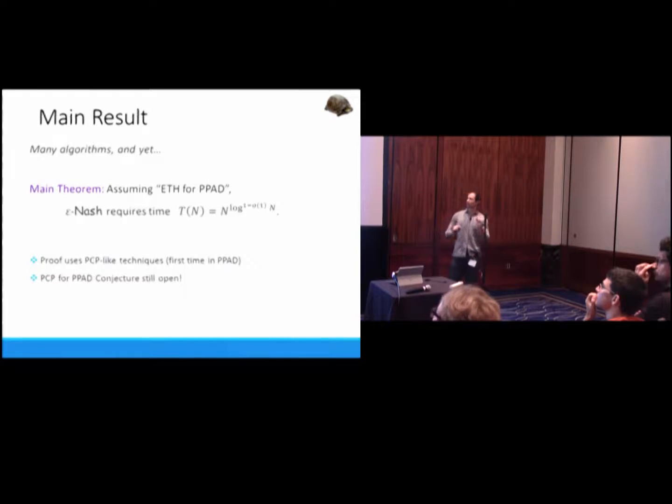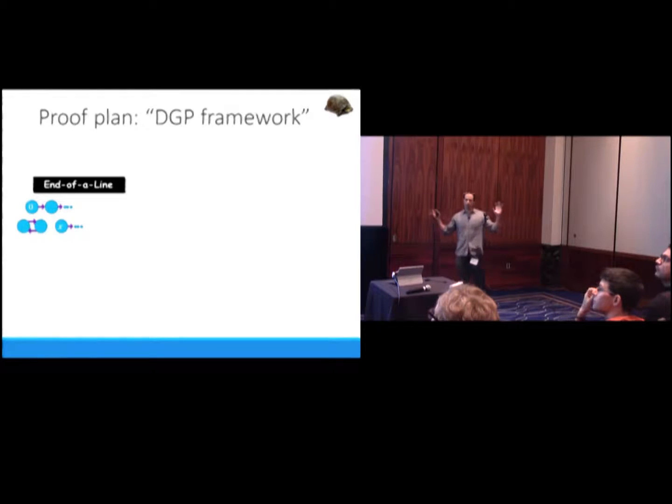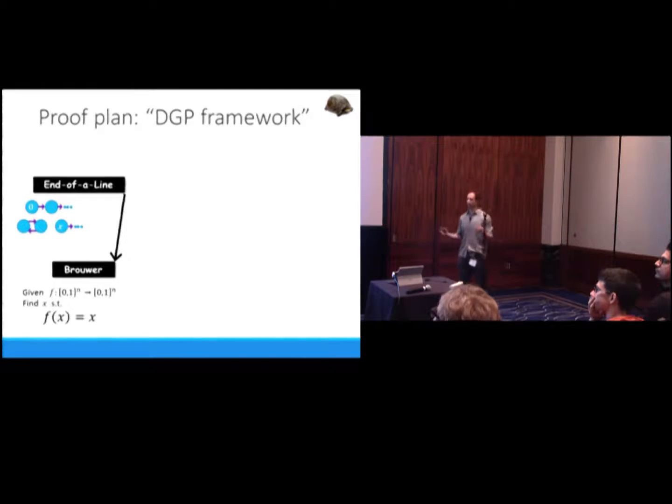Okay, let me tell you a little bit about the proof. So the framework of how we prove hardness for Nash in general is we start with this End of a Line problem, and then we reduce it to the problem of finding a fixed point that is guaranteed to exist by Brouwer's fixed point theorem.